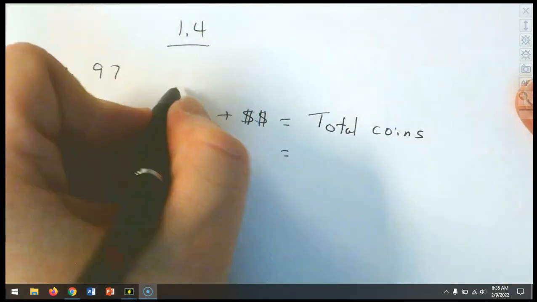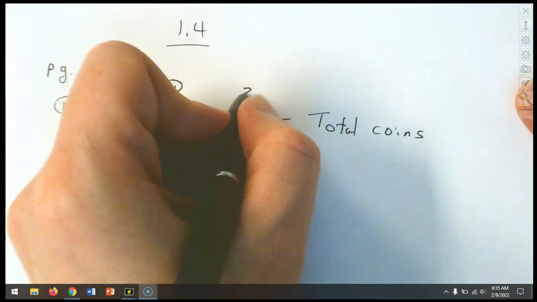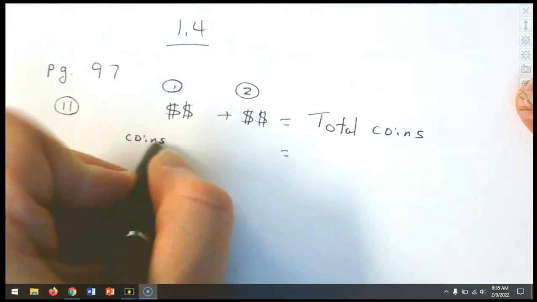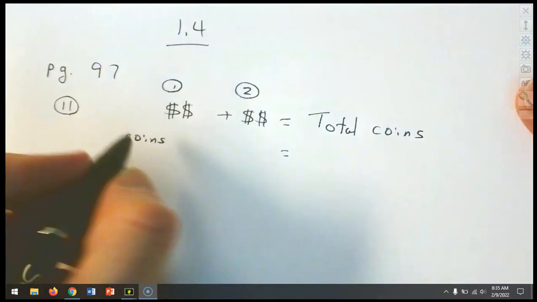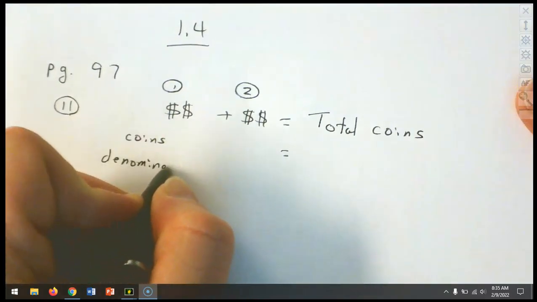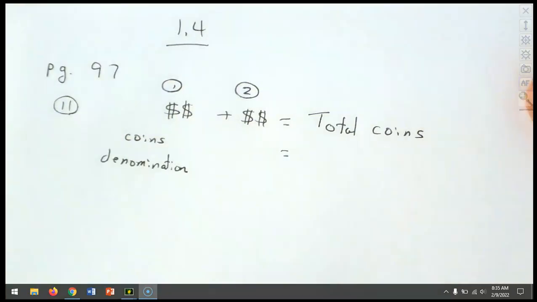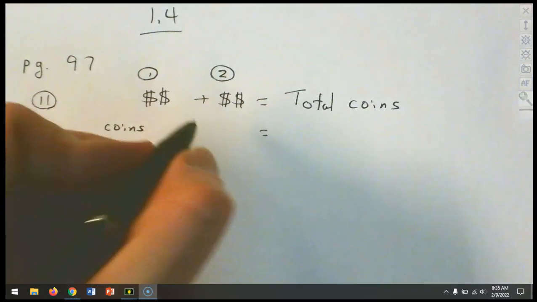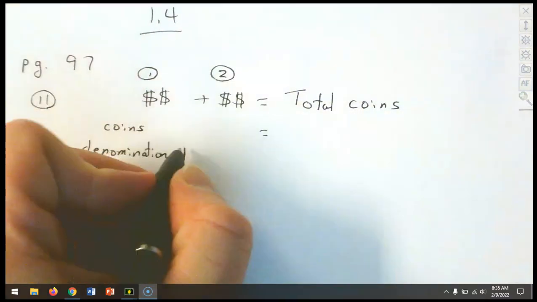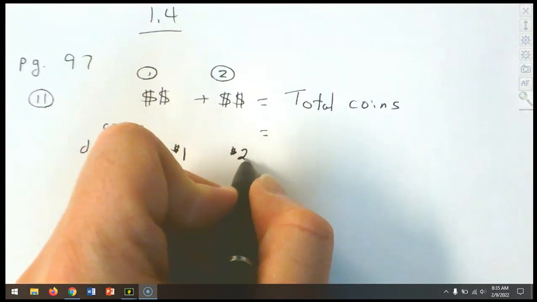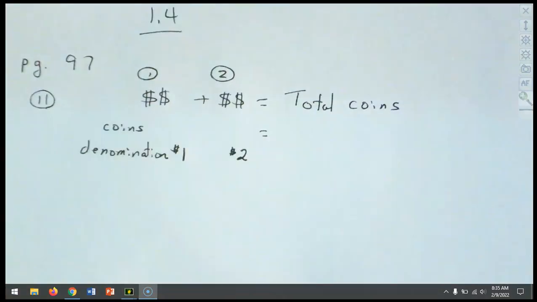And we've got two different types of coins. So we're going to have coins, and we're going to look at the denomination. So if we've got two different types of coins, we've got coins that are worth $1 a piece, and we've got coins that are worth $2 a piece. So that's what we have.